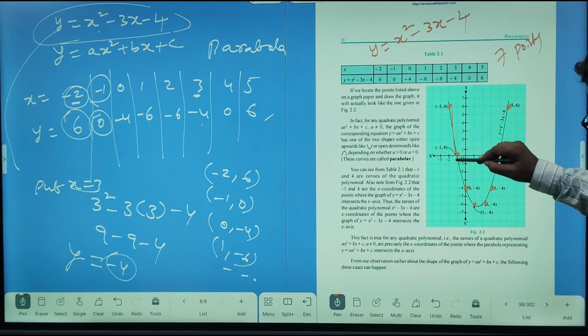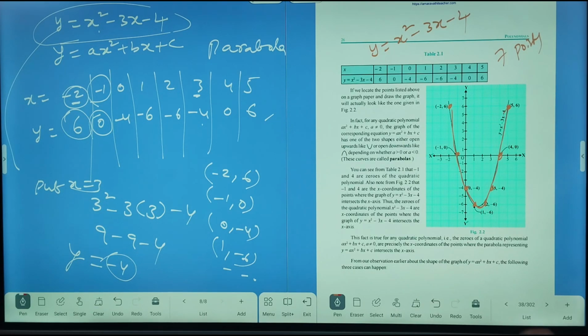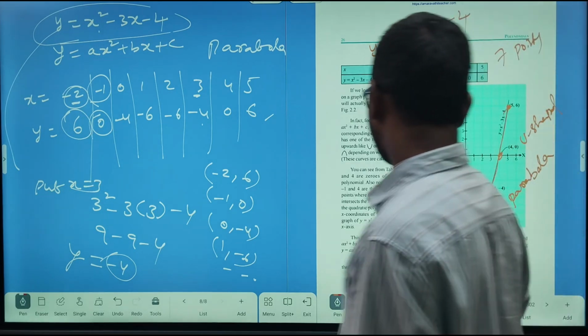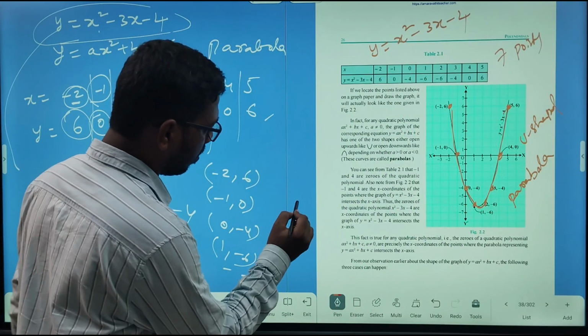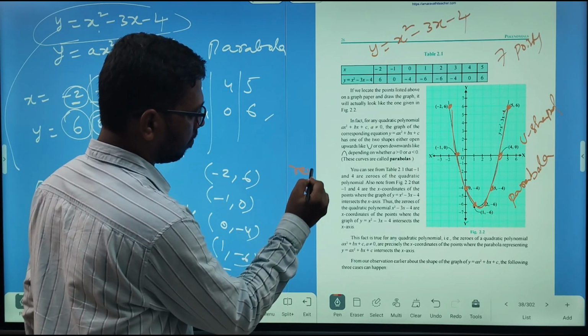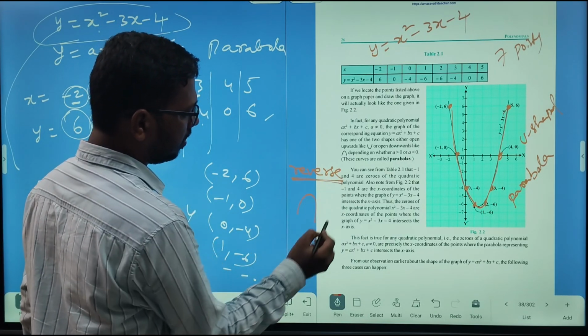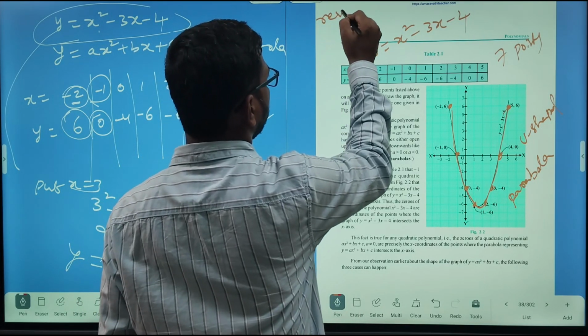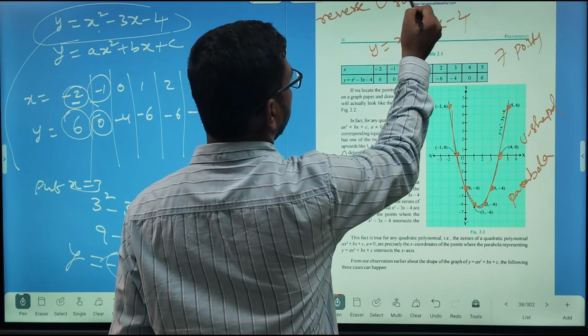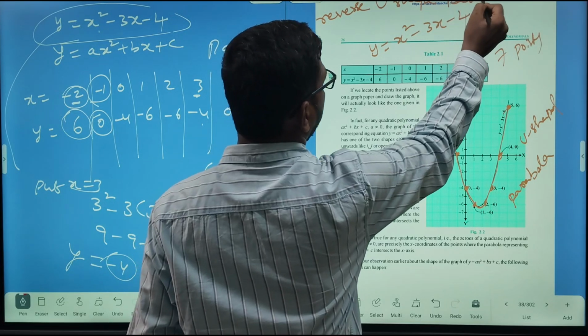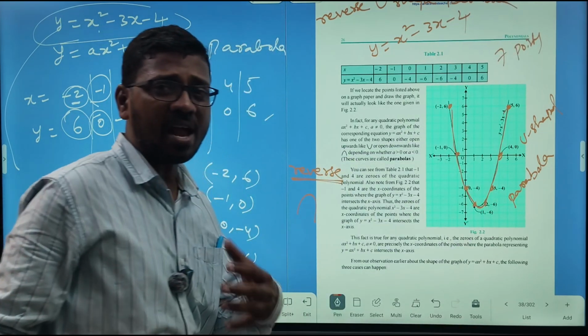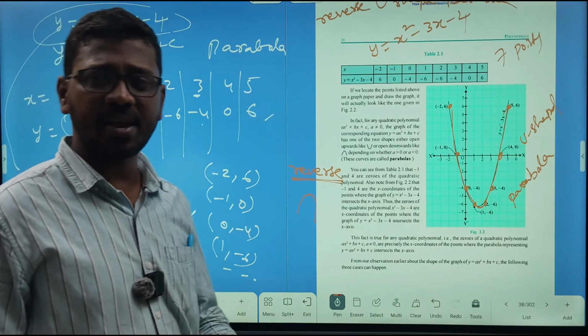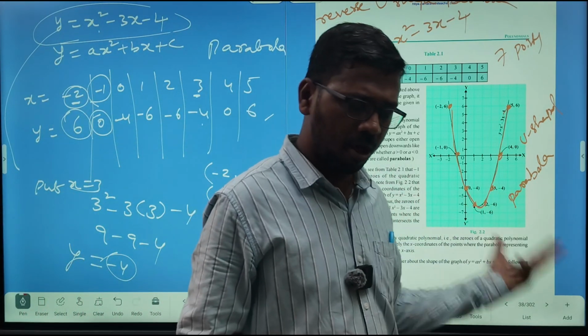This is the U shape, the parabola shape. Sometimes you may get a reverse U shape parabola. This also you may get, according to whether a is greater than 0 or a is less than 0. If a is greater than 0, you get a U shape parabola.